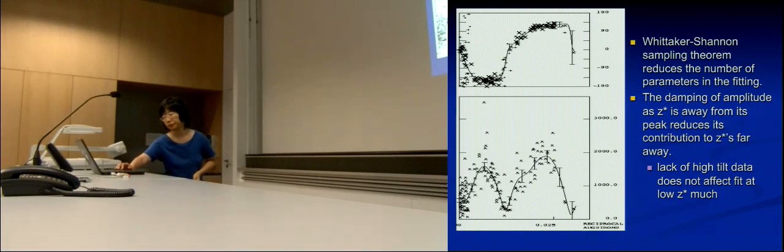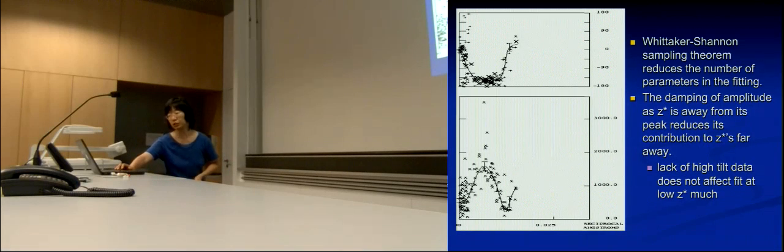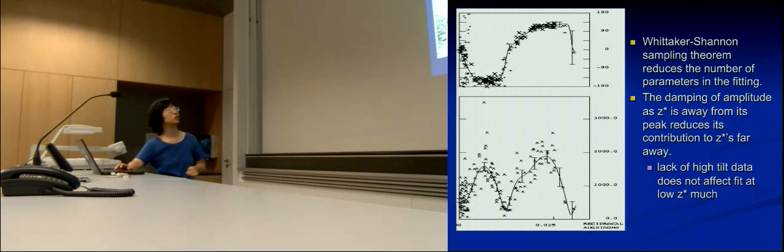Okay? Which means, let's say you started your fit earlier when you only have low tilt data. So you only have this much of data. Your fitting result is going to be very similar to what you get when you have more tilted data. Okay, so that's not going to affect the value here at all, almost nothing.